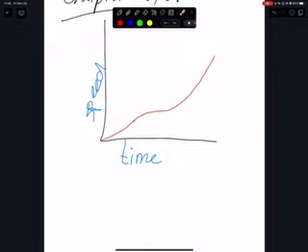So, the question is, you can calculate the average speed. Let's say here is 7 a.m. and there is 7:15. As you notice, the speed changes every time.